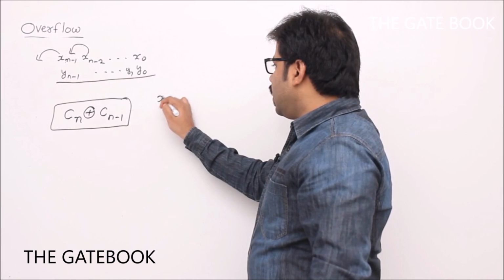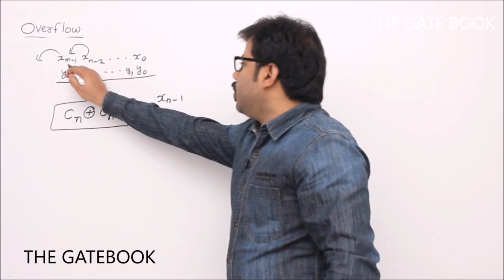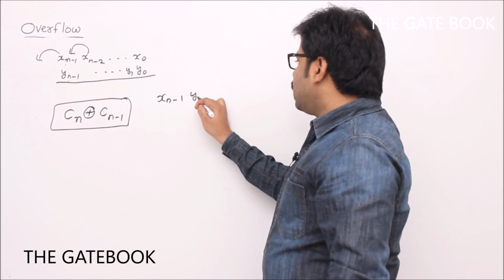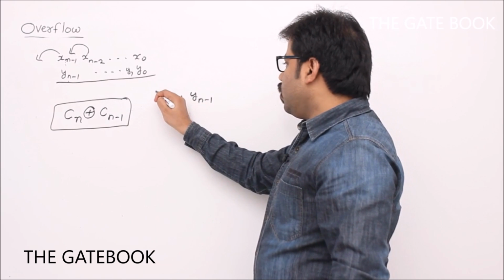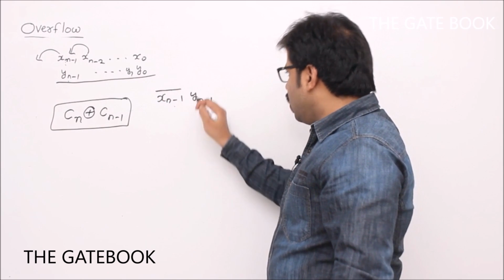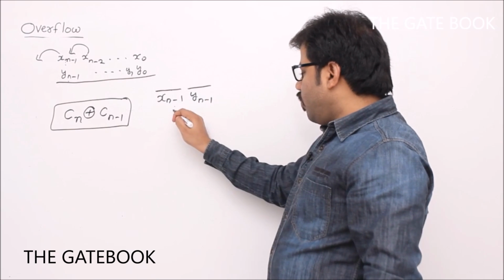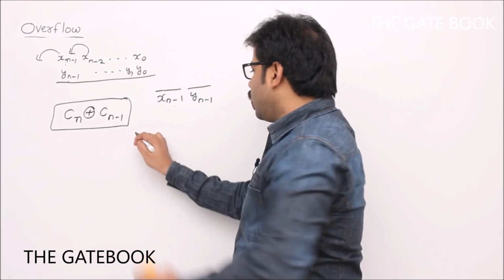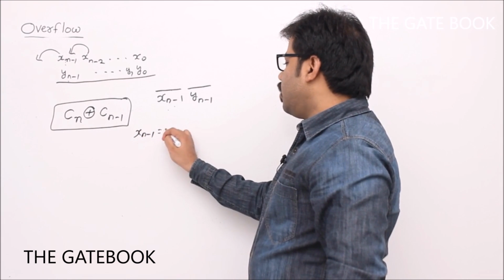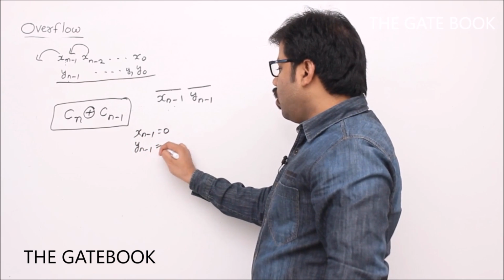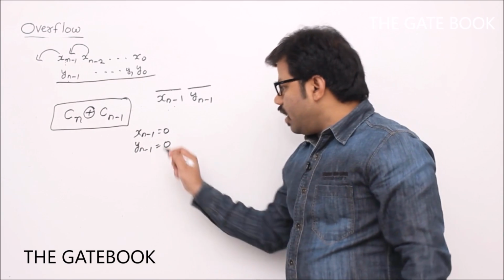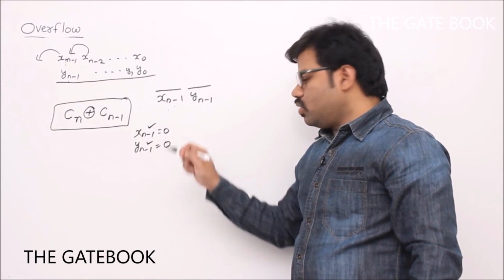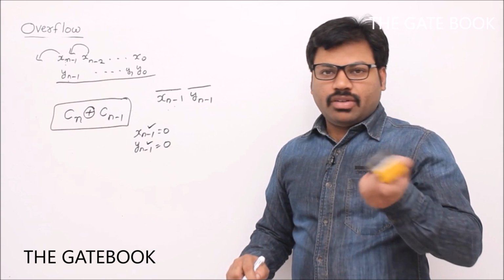These two bits, xn minus 1 and yn minus 1. If xn minus 1 bar is 1 and yn minus 1 bar is 1, that means xn minus 1 equals 0 and yn minus 1 equals 0. Try to understand: when these last two digits are zeros, at what time do you get the overflow?